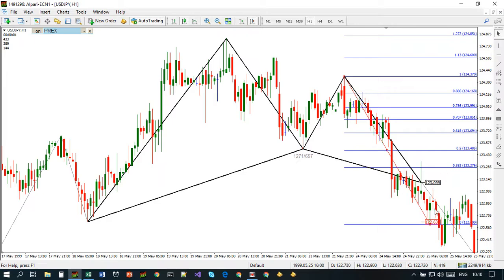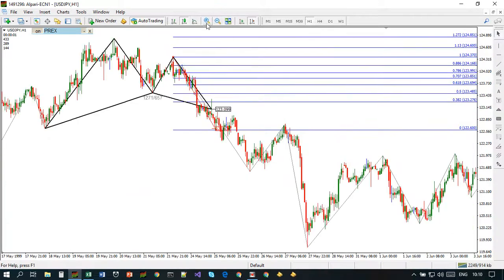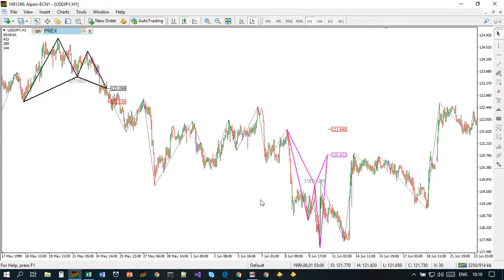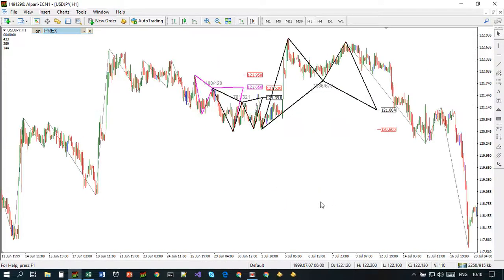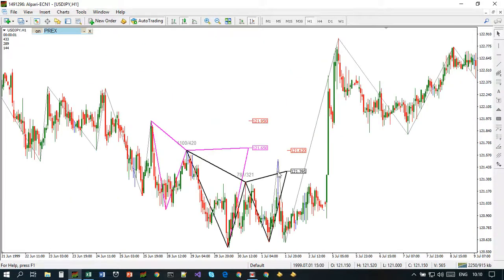If we go lower, we exceed the pattern and nothing should be taken here. Then this cipher pattern, the CD leg broken, so the rule stays the same for the identification. This Gartley, unified Gartley, we have that sharp reversal. Pretty rare situation, but it happens. So we miss this winner.